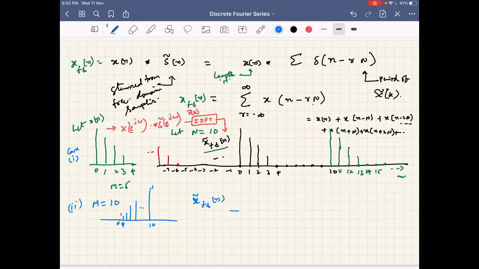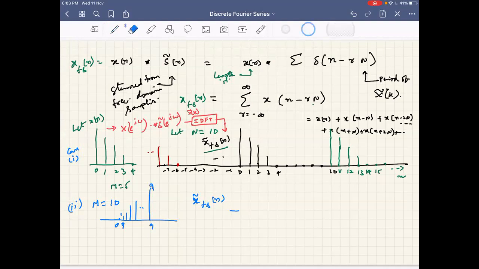So it is 1 to 10. Sorry, 0 to 9 you have, and this is 0, 1 to 9. So 1 to 9 values, right?